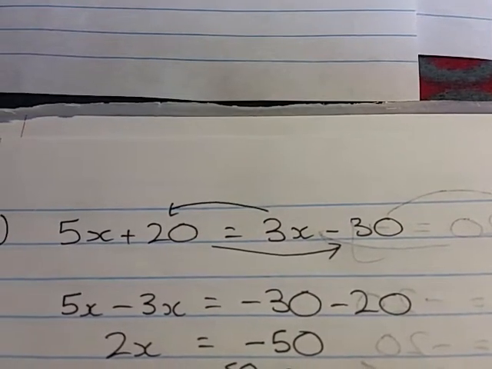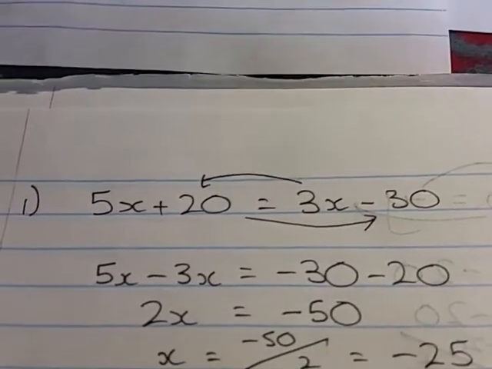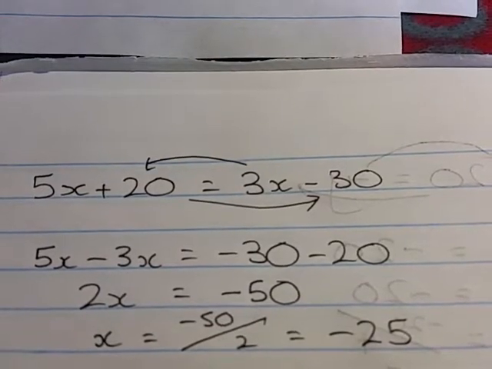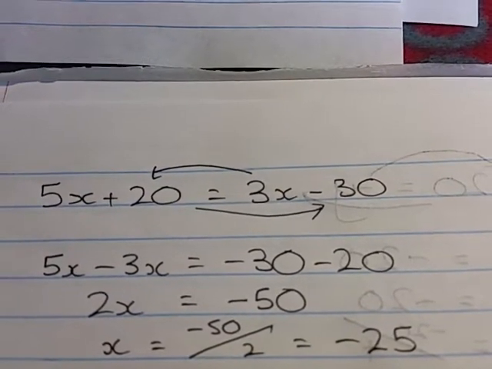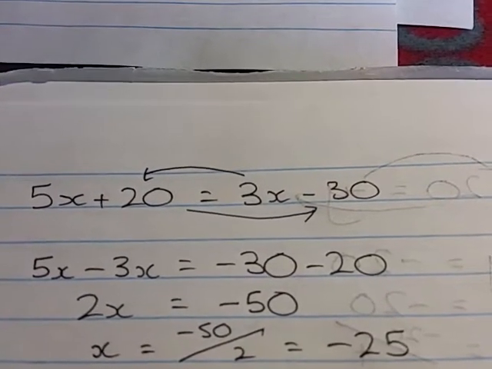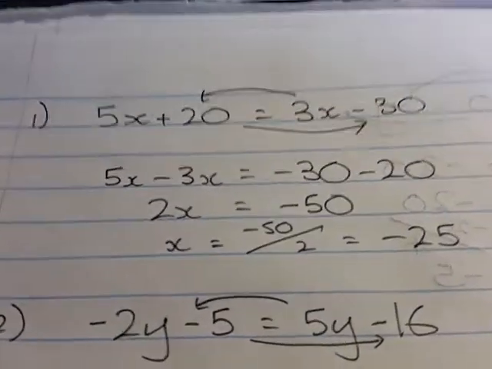That's 2x, so that means 1x, take the 2 over the other side, will be division by 2. That means x will equal negative 50 divided by 2, giving me negative 25. I brought a lot more negatives and fractions into this exercise. By the way, I was actually quite surprised.